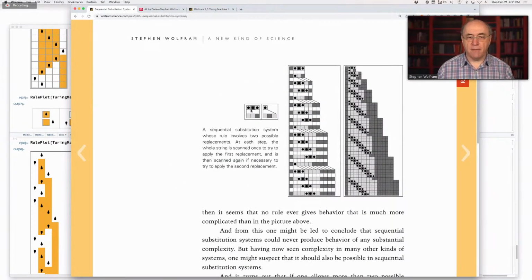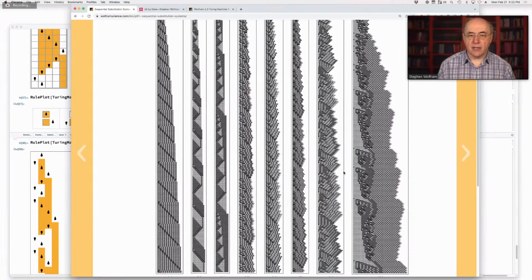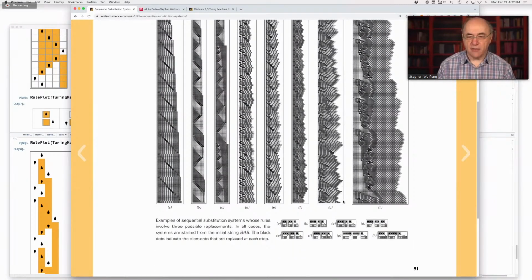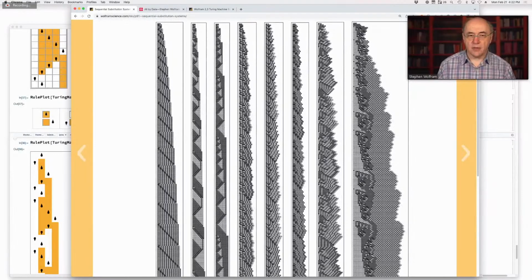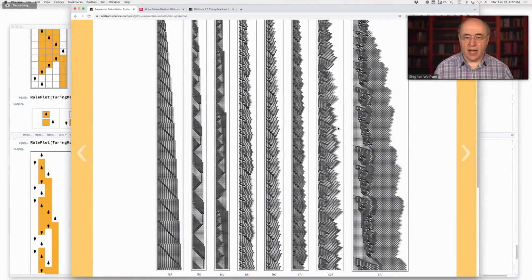So here's a sequential substitution system where, if you ever see white, black, white, or you just see white, then you make these replacements, and this is what it does. You see it growing a bigger and bigger pattern. Keep going, and needless to say, just like all these other systems, it doesn't take a very complicated rule. Then suddenly, purely in this kind of iterated text editor, you're getting very elaborate behavior.